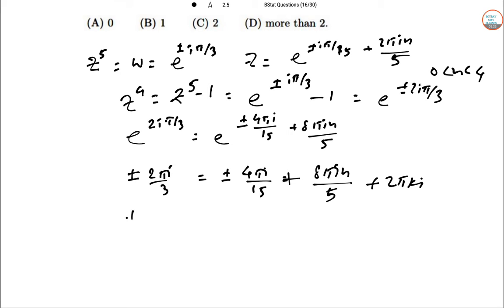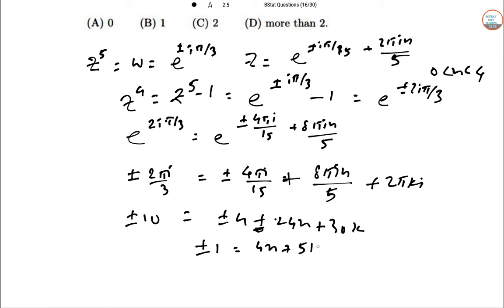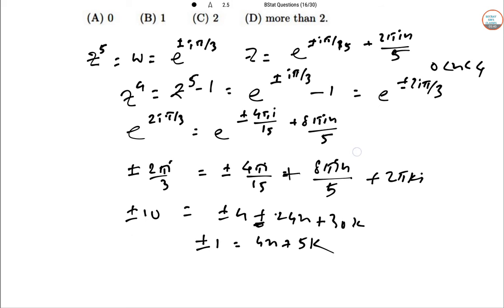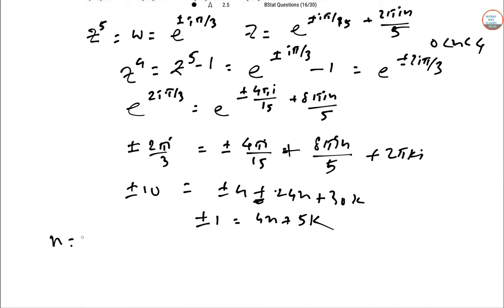So plus or minus 10 equals plus or minus 4 plus 24n plus 30k. Solving, we get plus or minus 1 equals 4n plus 5k. So there are only two possibilities, n equal to 1 or n equal to 4.